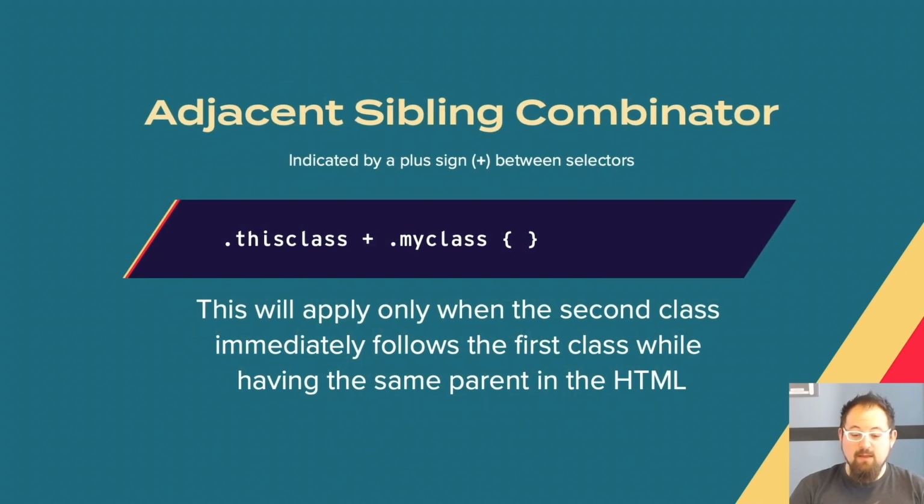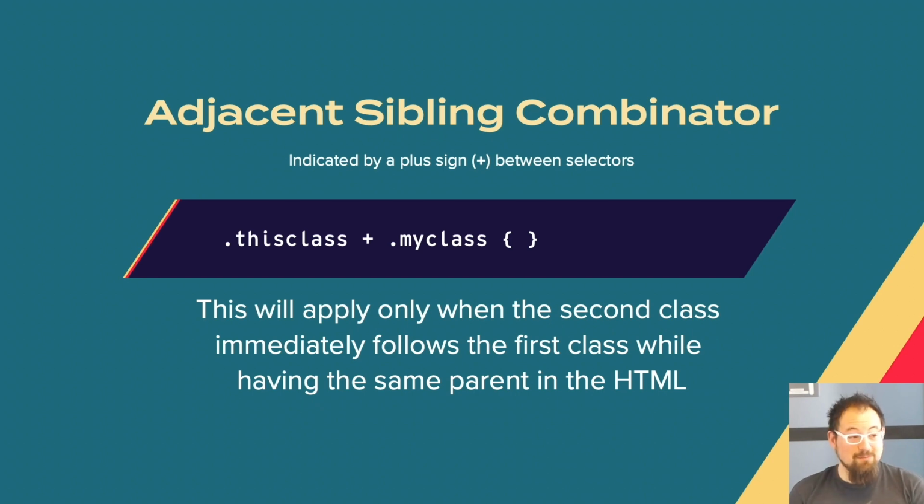Okay. Adjacent sibling combinator, which is probably my favorite of all of these, is that these are two elements that are directly next to each other. So this class element is immediately preceded by the myClass element, and then the myClass element will get styles applied to it.